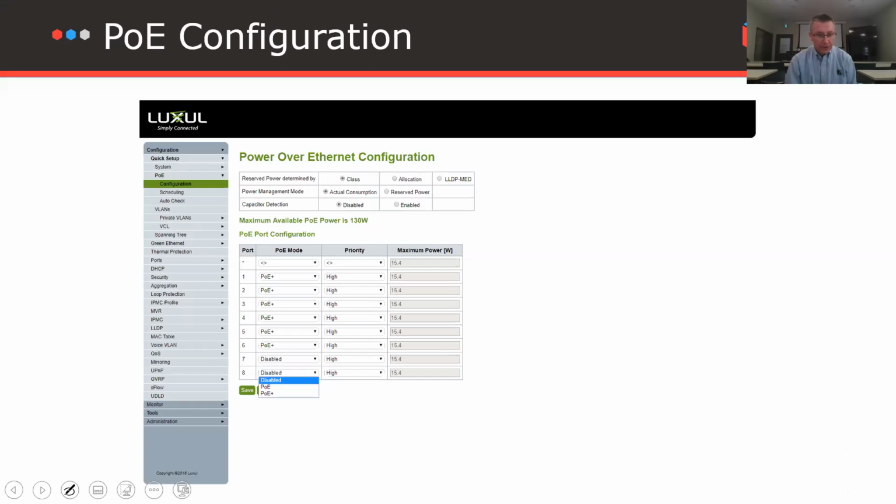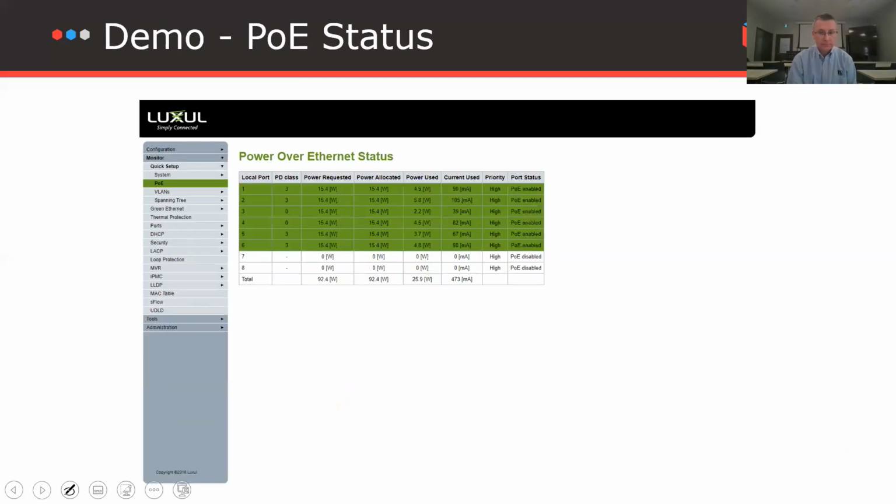On the configuration side, you can see down here for every port, you can decide whether it doesn't need PoE, disabled. You can give it standard PoE or PoE Plus. One thing that you'll find a lot of IT people will do is they'll actually run this. This is a screenshot from my switcher live.